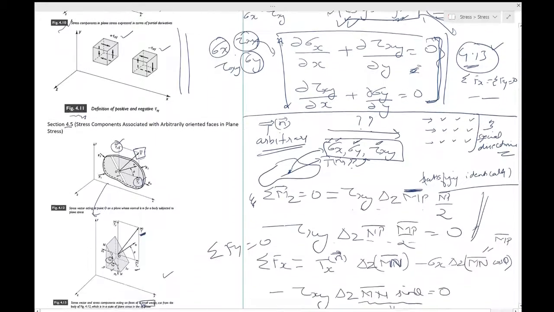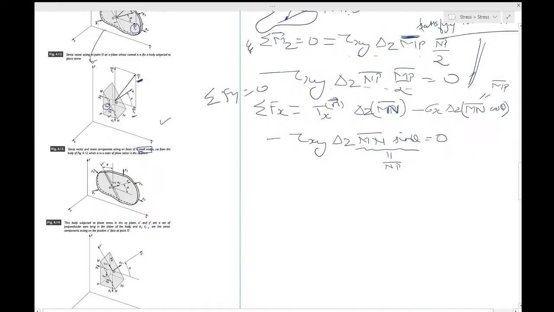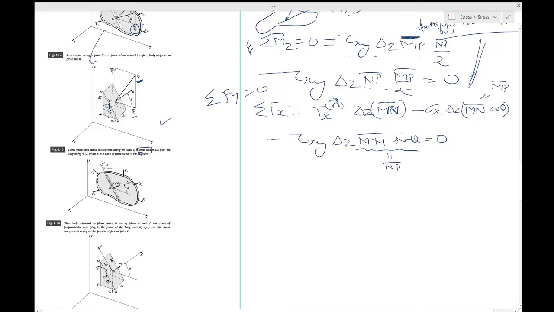Okay, now coming to the other two, you have to simplify this one and this one, and you should be able to get, sorry, this is not a vector, it's a scalar.